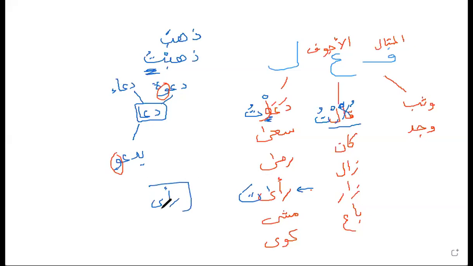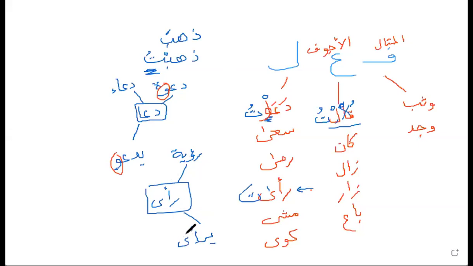Ra'a. Ru'yatun. So now this ya has appeared. The ya has appeared: ru'yatun. Ra'a, yar'a, nothing happened there.